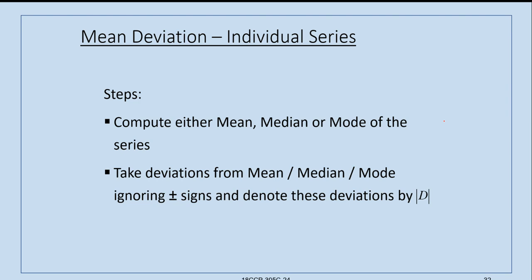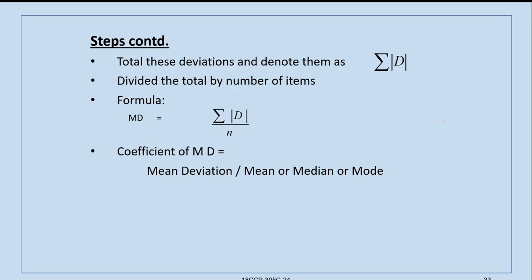That is the meaning. We will see in the example. Step C is to total these deviations and denote them as sigma modulus d, and divide by the total number of items, n. That is the number of items.